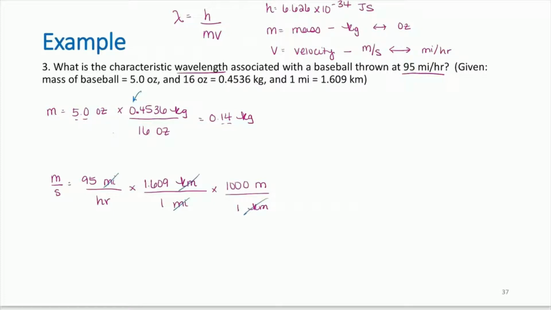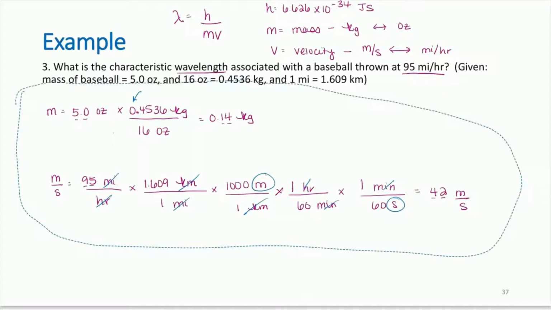Now I just need to convert my time. I know that there is 1 hour for every 60 minutes and 1 minute for every 60 seconds. Cancels my hours, canceling my minutes. I've now got the units I want. Calculate this out, and I get 42 meters per second, 2 sig figs.